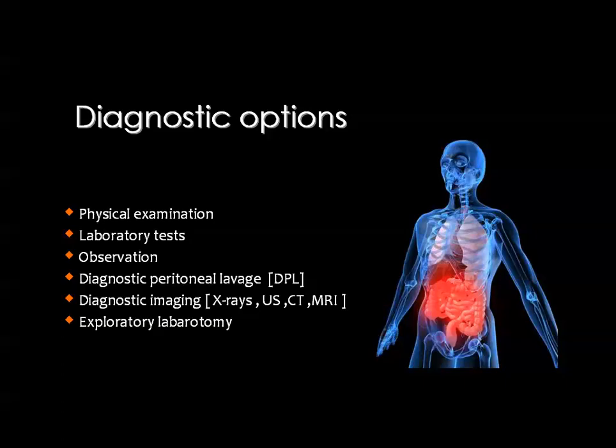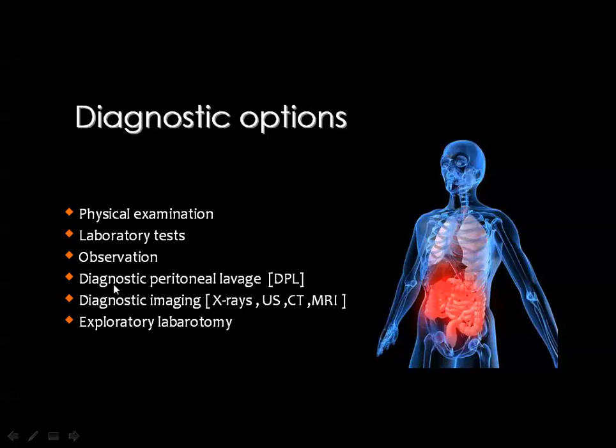Then these are the diagnostic options, including the physical examination and some laboratory tests, and many of the patients with no emergency imaging or minor blunt trauma may be put under observation.